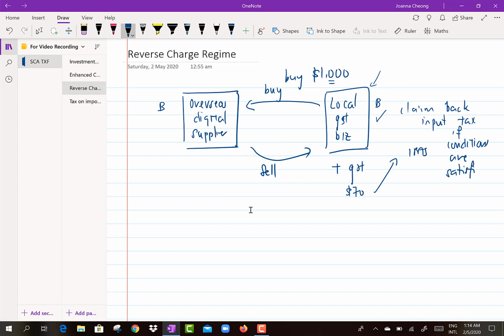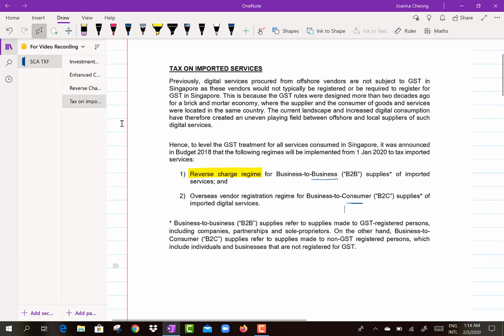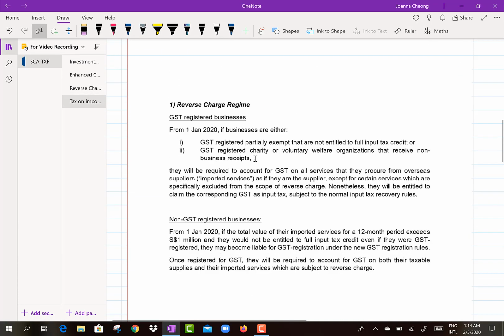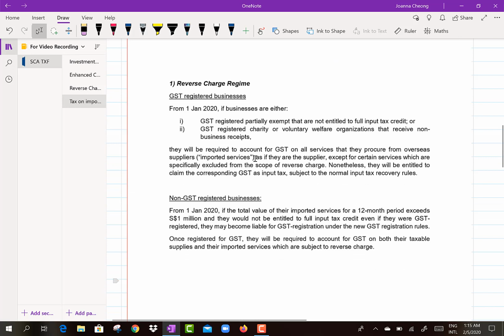So just remember, instead of the overseas digital supplier charging the local GST business GST, the local GST business has to charge themselves. That is why it's called reverse charge. Now coming back to this part here, who will need to go under the reverse charge regime? It depends on whether you are already a GST registered business or whether you're not yet a GST registered business.